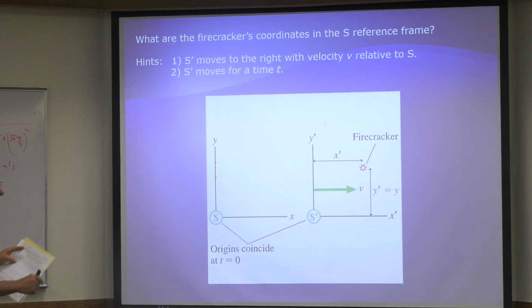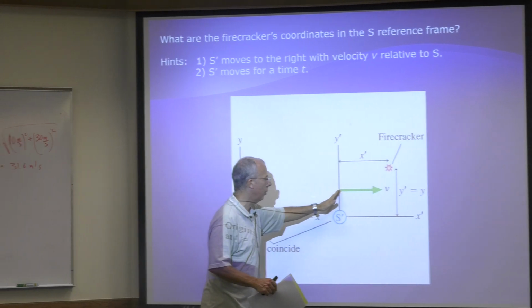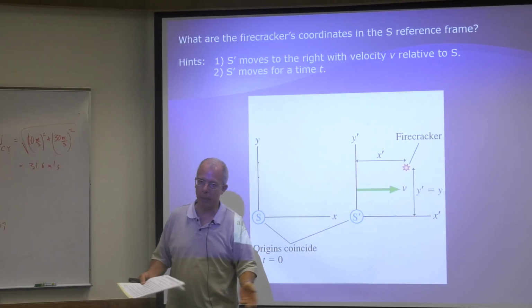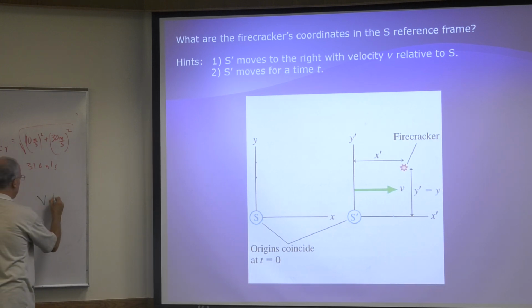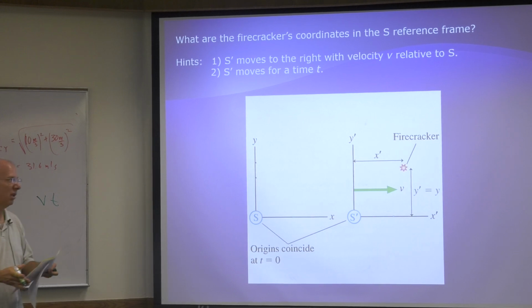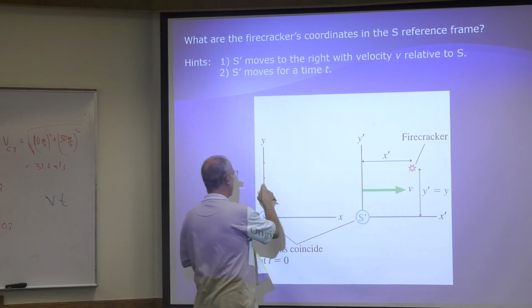Okay, so how far has this reference frame moved? Well, distance equals speed times time, right? So S prime has moved this distance. So what are the coordinates according to this guy?